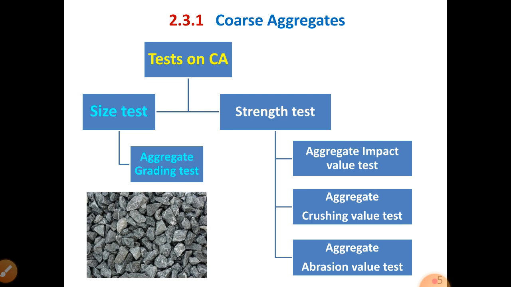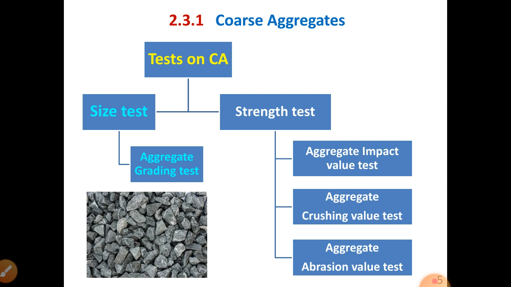The tests on coarse aggregate are classified as size test and strength test. In the size test, the aggregate grading test is carried out. Other tests are the flakiness and elongation test, but nowadays these tests are eliminated.